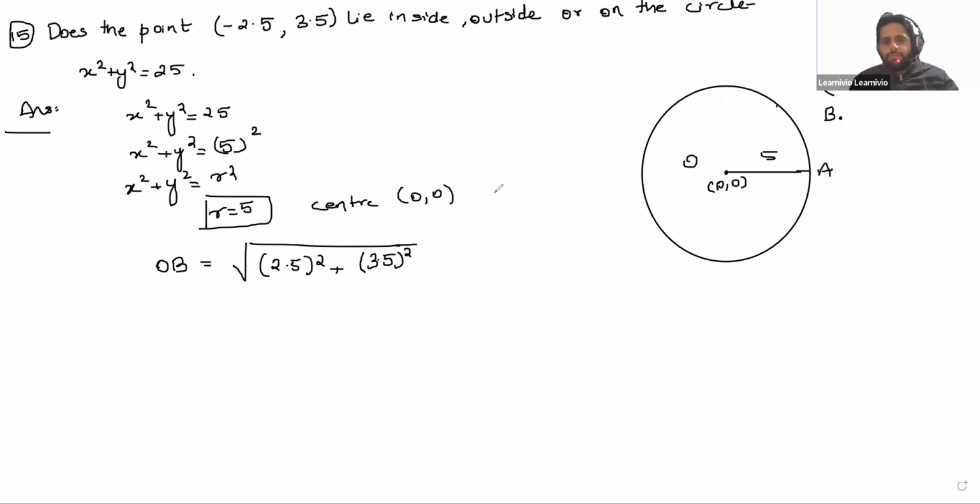If this distance is less than the radius, then will the point lie inside or outside the circle? Inside. If this distance is greater than the radius, then this point will lie outside. So this is clear? Yes, sir. Okay, good. So everyone please complete this question and tell me the answer, whether this point lies inside, outside, or where.